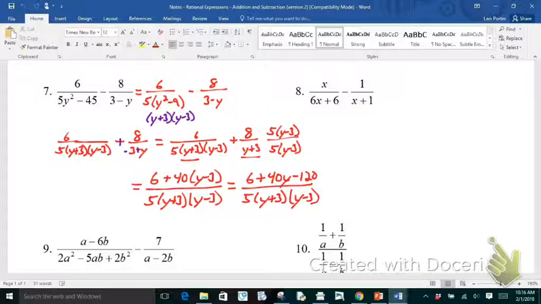Last step, 6 minus 120 should give us negative 114. So we're going to end up with negative 114 plus 40y over 5 times y plus 3 times y minus 3.